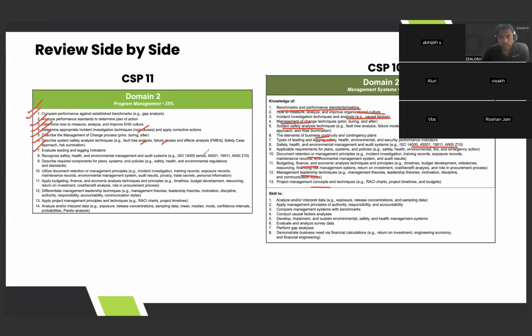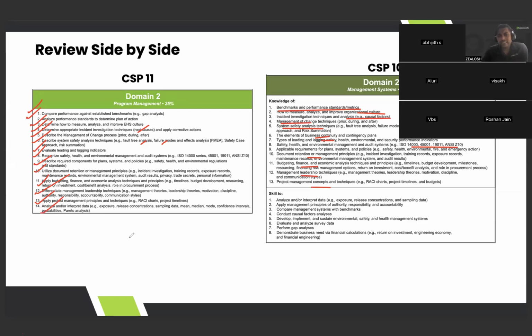Then ISO 14000, 45000, 19011, and ANSI Z10. Then plan systems and policies, management system plans and policies, incident investigation related questions, budgeting related questions, different types of leadership techniques, Blake Mouton management grid or Thomas Kilmann conflict resolution models, then project management, RACI chart related questions.